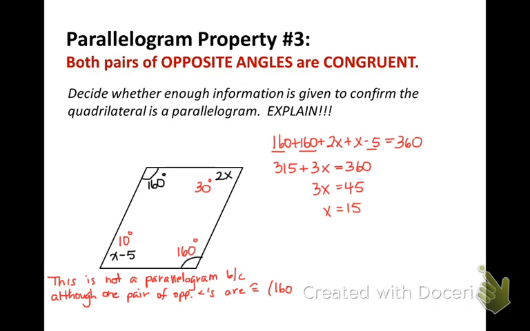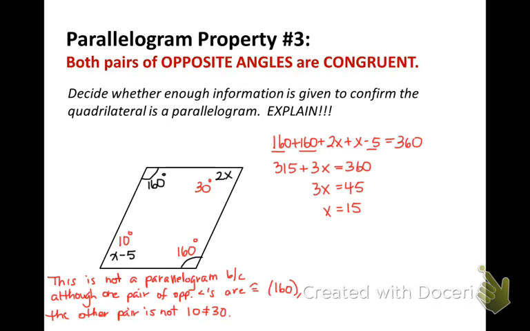The 160s, right? The other pair is not. And we need both pairs to be equal, because we found that the one pair is 10 and the other pair is 30. You do also have to show me the specific numbers. You can't just take a wild shot and say, oh, that other pair isn't equal, and not show me that they actually aren't equal. You have to show me the work. That's what I am most interested in. All right, not just guessing.